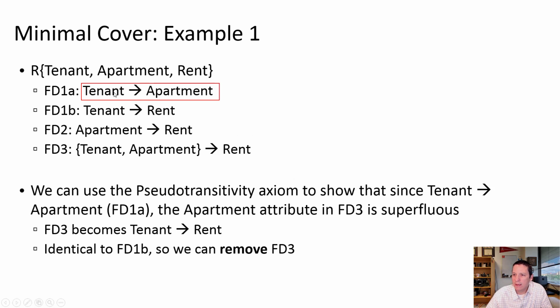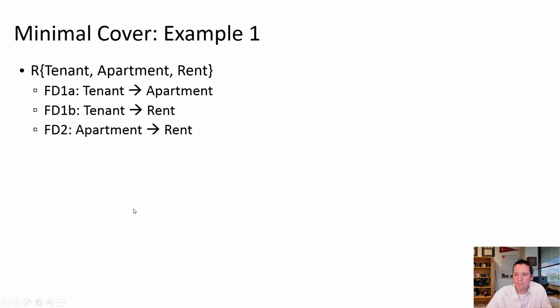In FD1A, since tenant determines apartment, we have a similar situation here in functional dependency 3. So what this is really saying is tenant and tenant, or just tenant, determines rent, which is the same thing we have in functional dependency 1B. So FD3 is just a superfluous extra functional dependency. We can get rid of that.